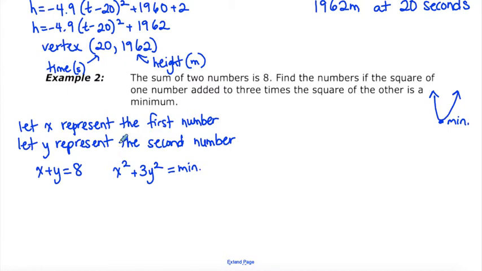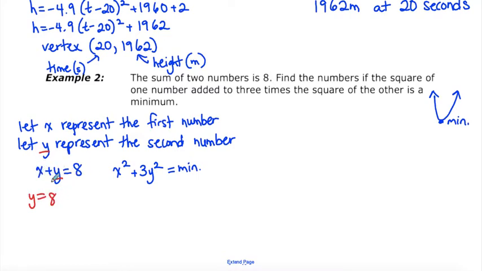I want to be able to write an equation that just involves x. So instead of writing x plus y equals 8, I'm going to represent y as a function involving x. So what does that look like? Well, I'm going to isolate y from my first equation because that's the easiest one. To get y all by itself, I have to move over my x term.